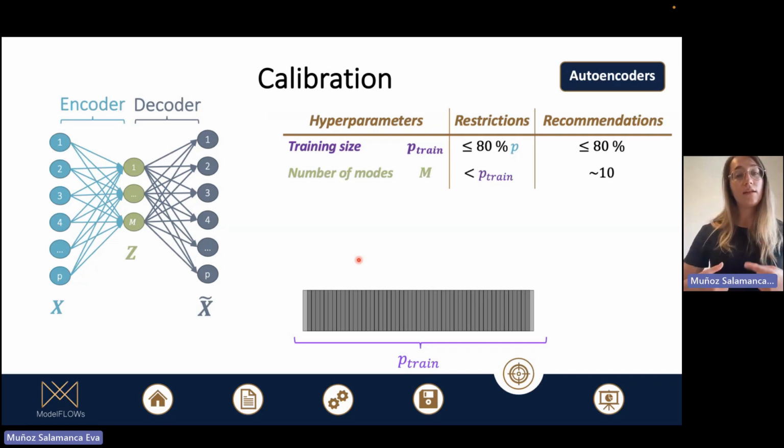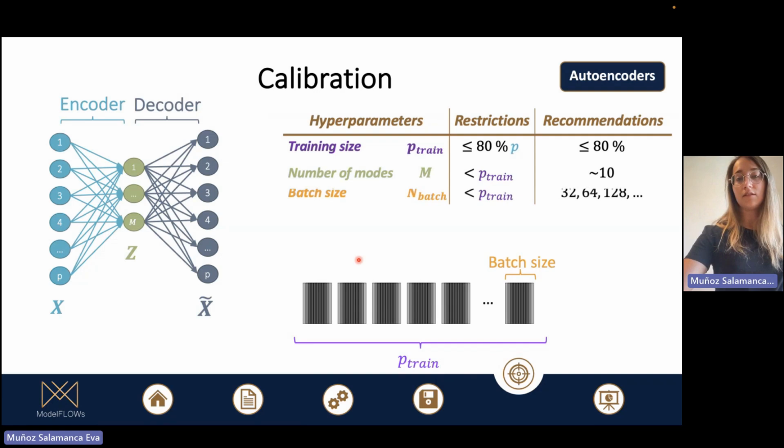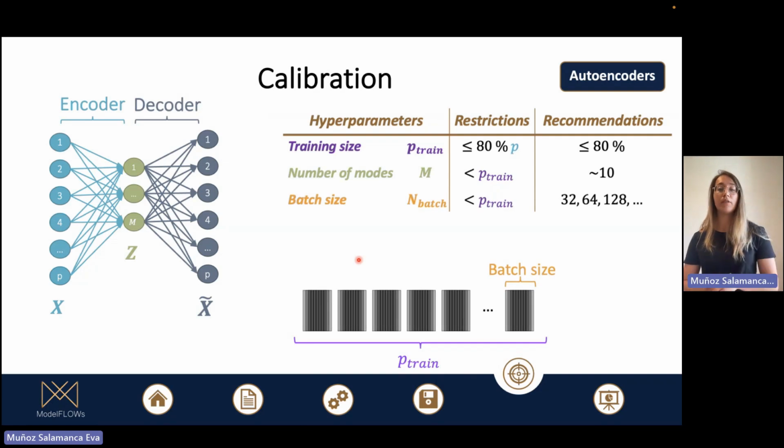Then during the training, the code will divide the training size into batches. The recommendation is that the batch size be a power of 2, like 32 or 64. These two values are really used in the literature because they give really good results.